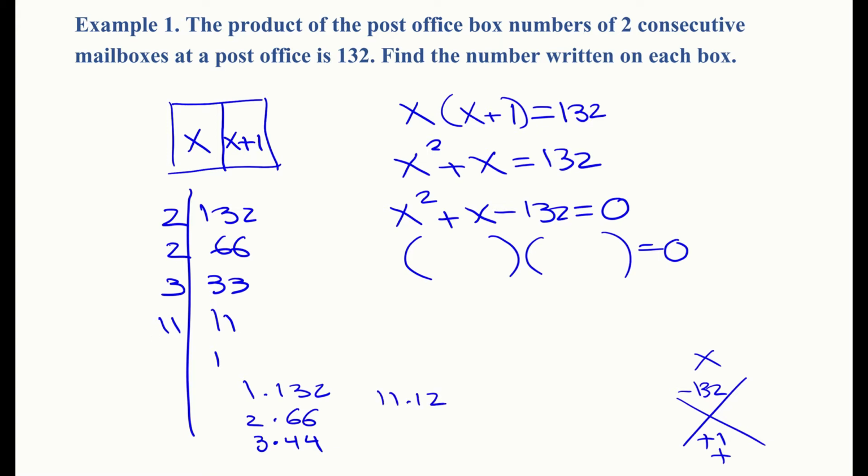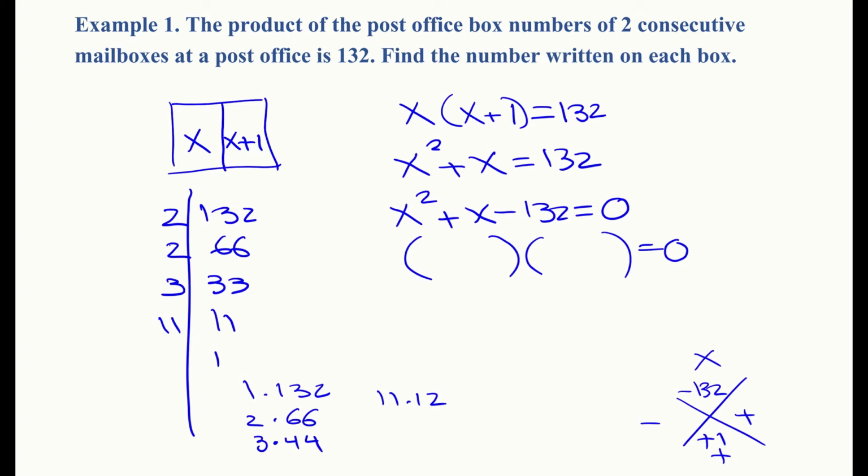Now that looks promising, doesn't it? Because we were looking for two numbers whose product is negative 132, but whose sum is positive 1. So we're going to have a negative number and a positive number. That much we know for sure, because that's the only way the product of two numbers can be negative.